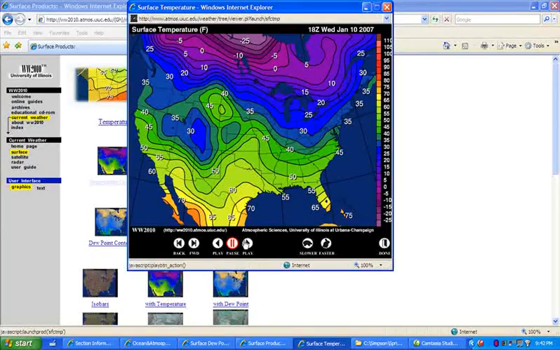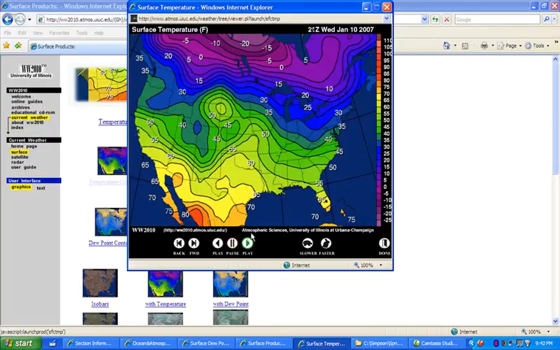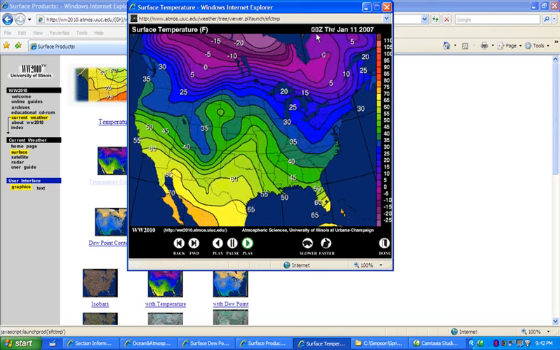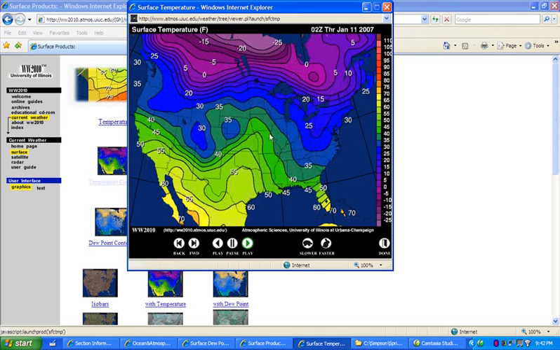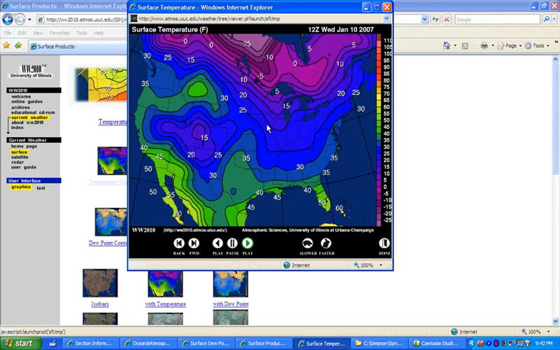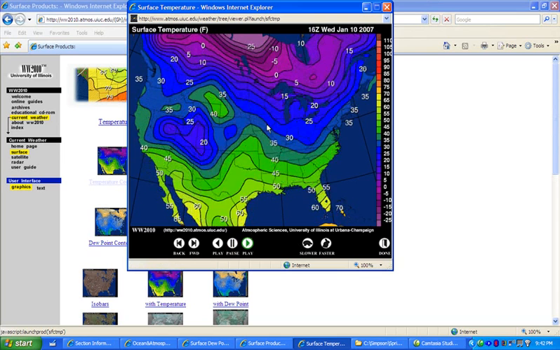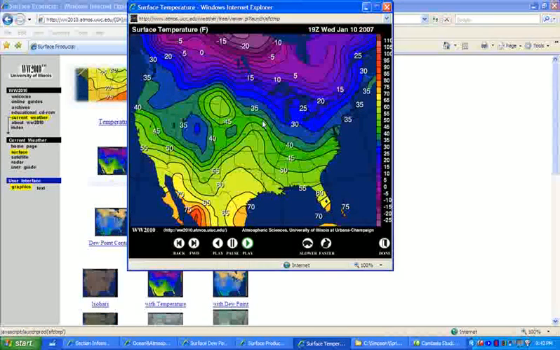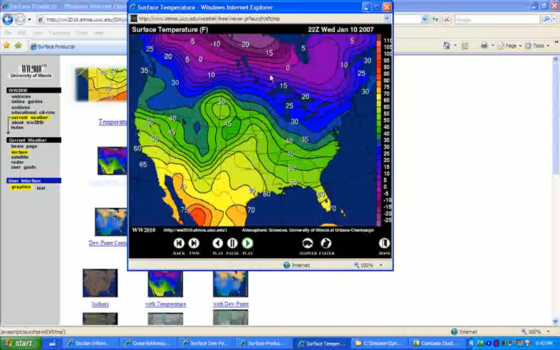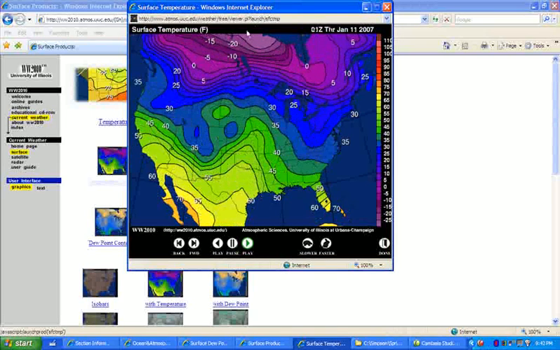Well, let's just go ahead and animate this. As we go from 21, 22, 23 on up, temperatures begin to warm this morning. We see temperatures warming as we go through the day into Iowa, with the cold air staying at bay up in Canada.